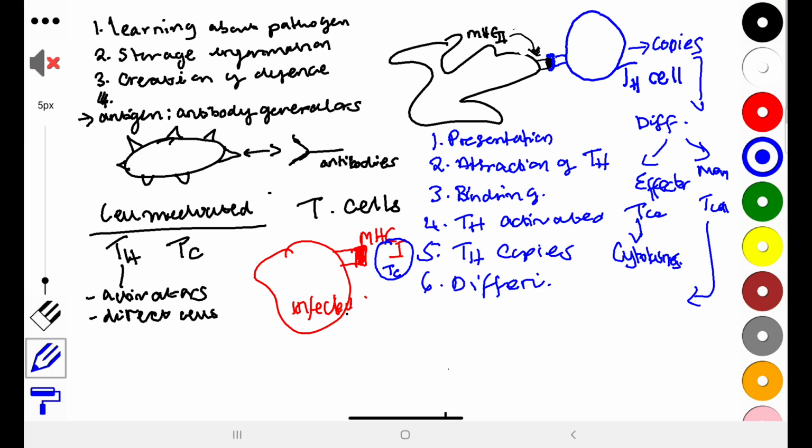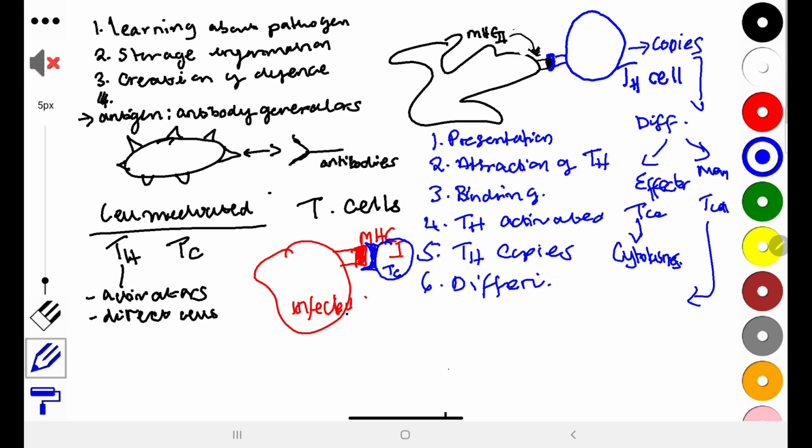And once it is recognized, then it is able to ensure that the infected cell is killed, okay? So the cytotoxic T cell will inject, all right? So it will first of all recognize.